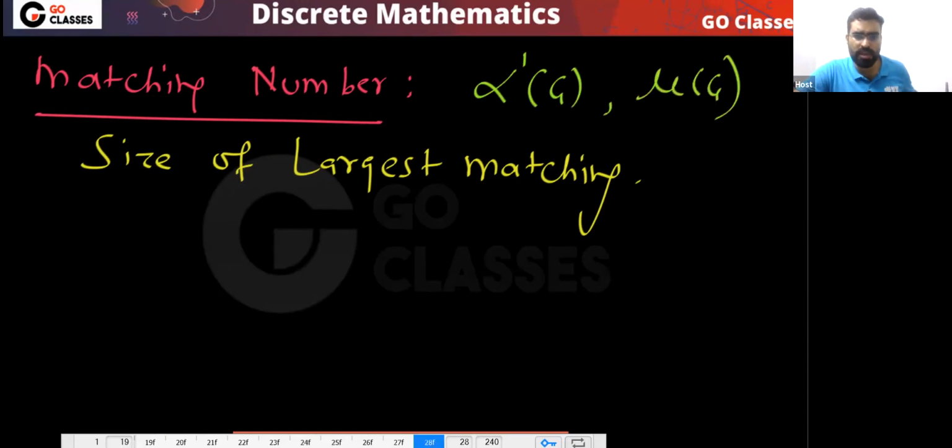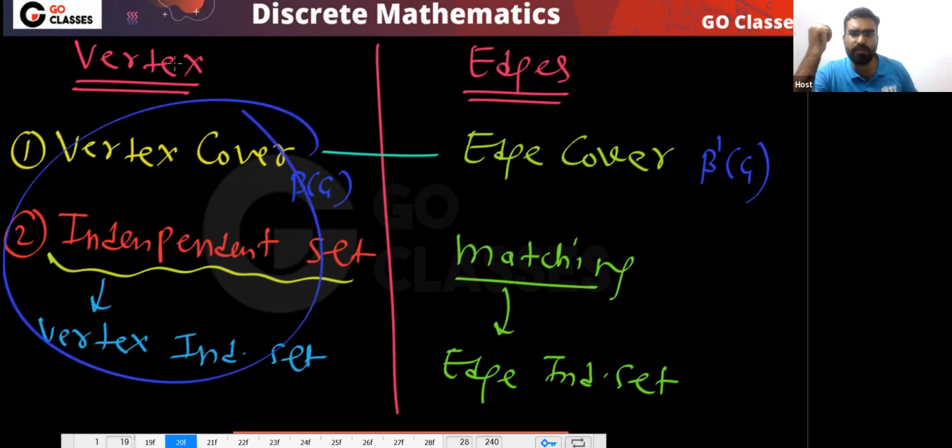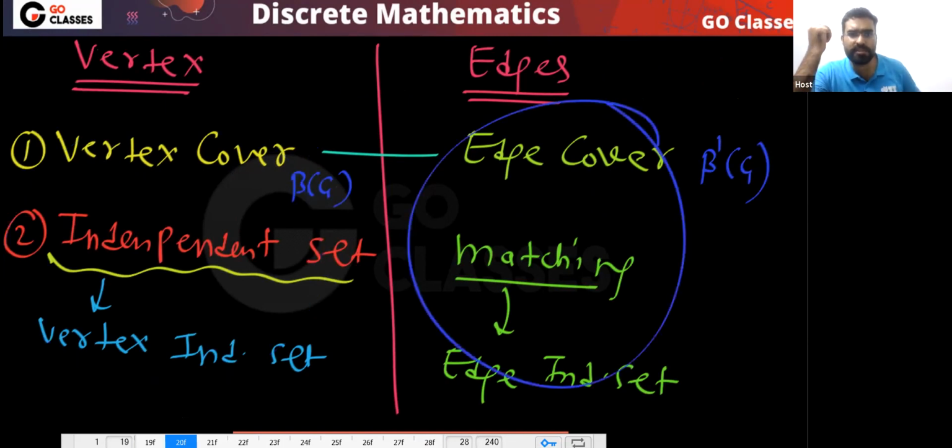See, if you notice one thing, what is the symbol for vertex cover? That is beta of G. The edge cover symbol is beta dash of G, because they are corresponding concepts. This is the concept for vertices, this is the concept for edges.